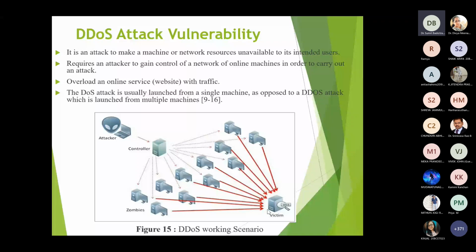The SDN controller is a single entity which is in charge of the overall network. It has got the global view. So if any anonymous intruder comes into your network and performs a bombardment of huge network traffic towards your SDN controller, then your SDN controller would stop working. And if it stops working, your whole network would collapse. So that is the DDoS working scenario.